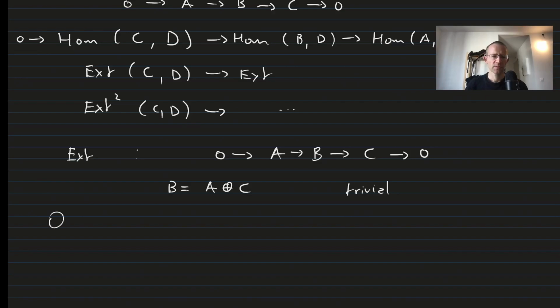Now it's important that we look at the Ext group inside O, and sometimes denote this by Ext in O. That is to say, we only look at extensions of A and C which are inside the category O.